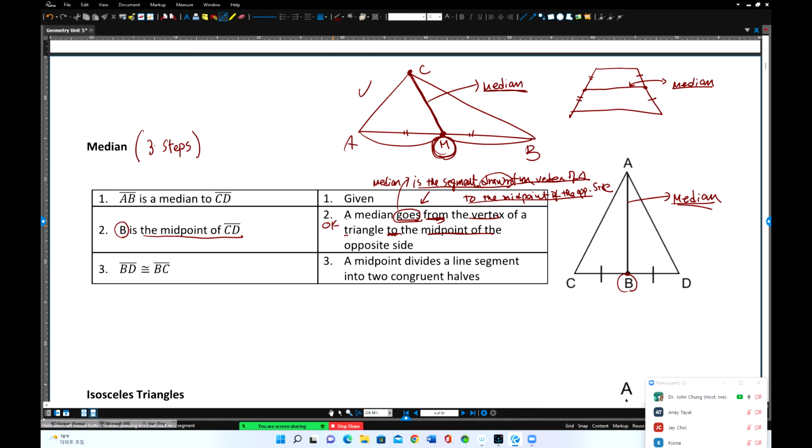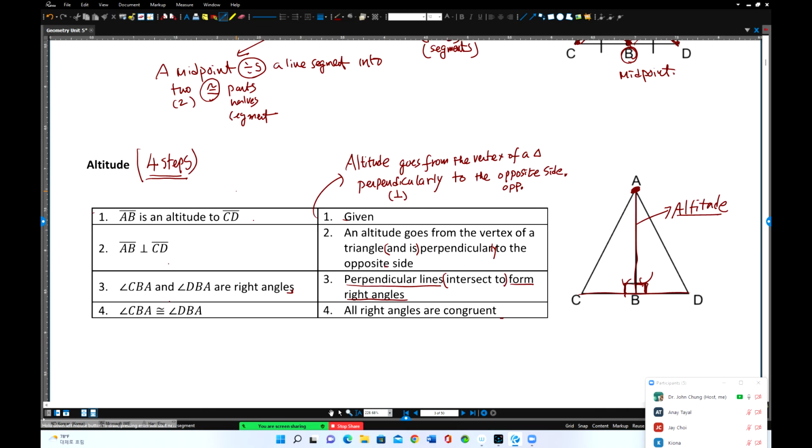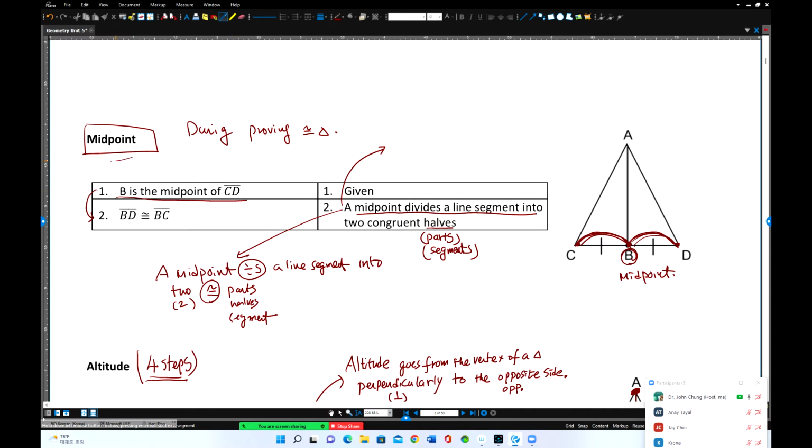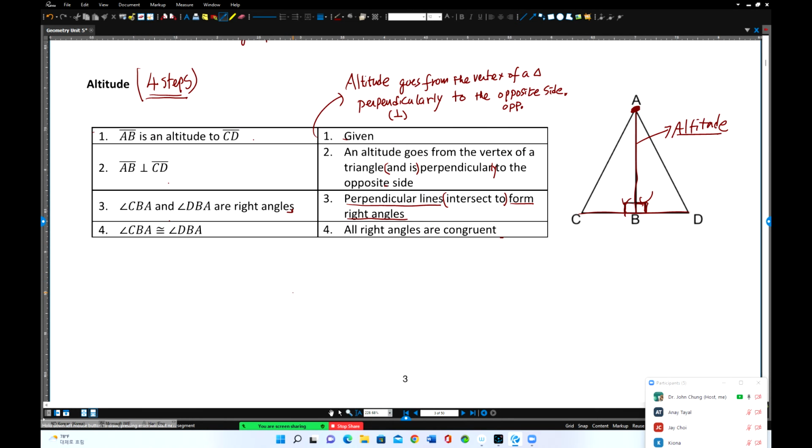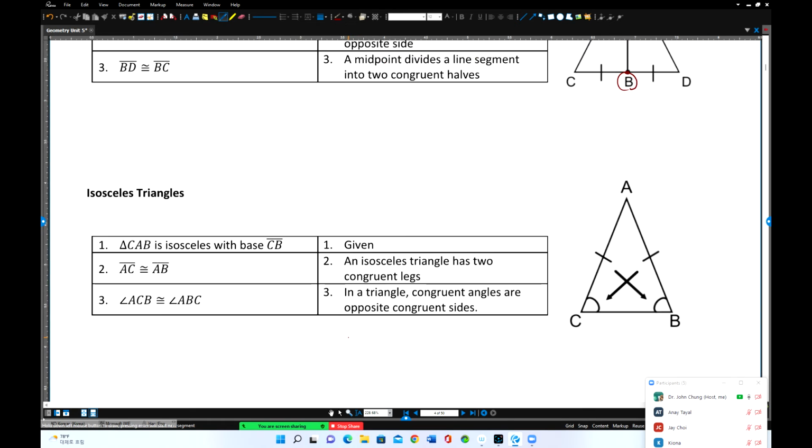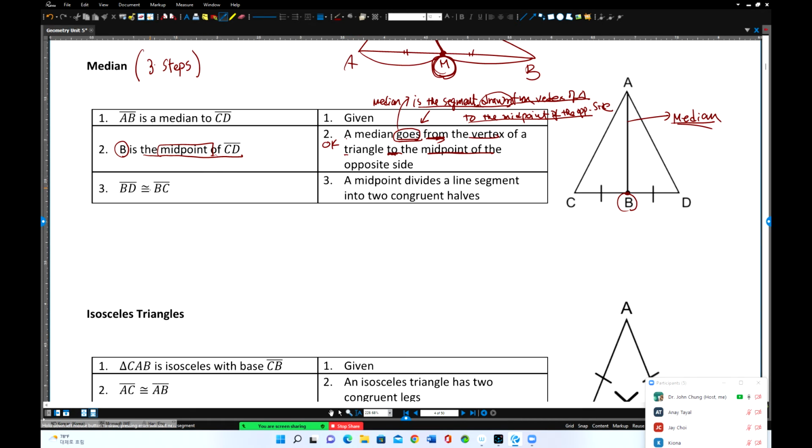Either of these. After that, finally you make a conclusion, because this is the midpoint. We already marked the midpoint over here. When you have a midpoint, you can say these two sides are congruent: AM and MB, or over here, BC and BD.